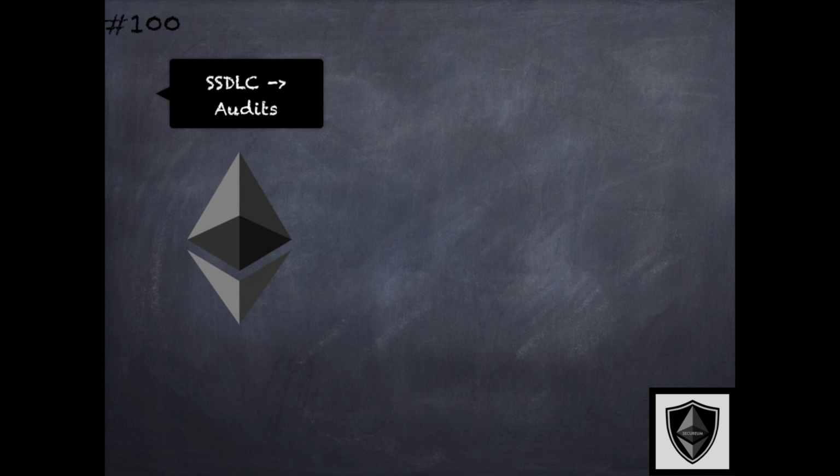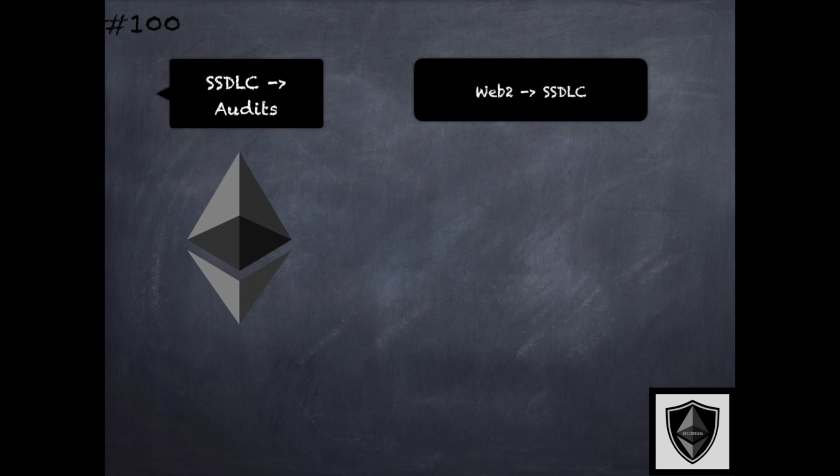The Web2 space has a concept of SSDLC, which stands for Secure Software Development Lifecycle. There are many approaches to this. There are many different processes and ways to go about it. But in general, any Web2 product, software product, hardware product, or service generally has a version of SSDLC which is used during the development lifecycle.